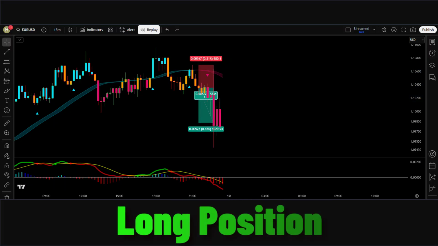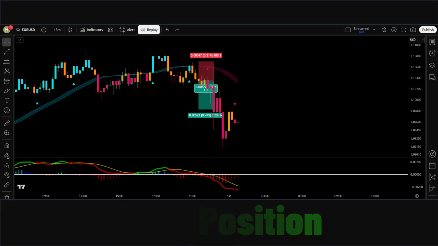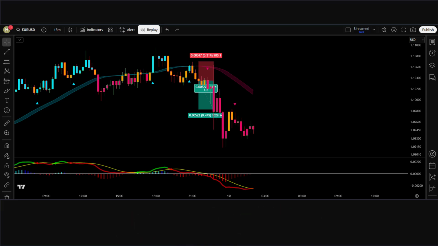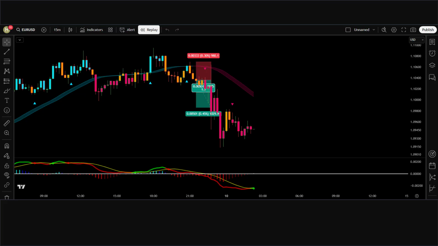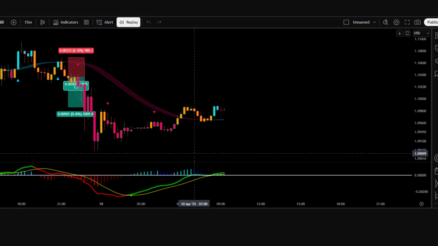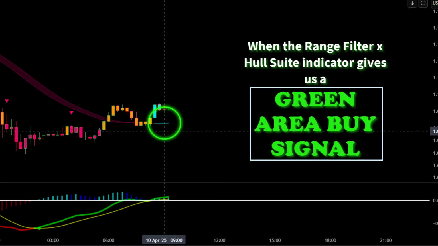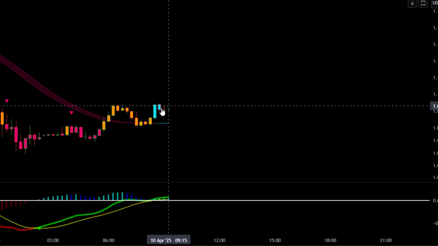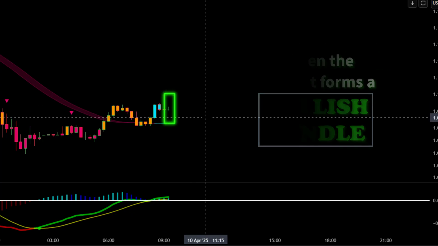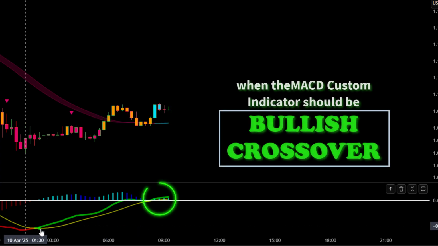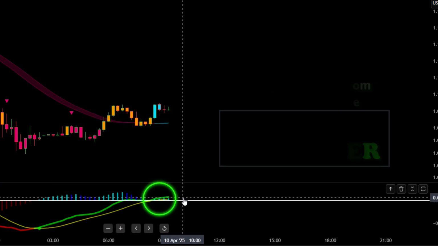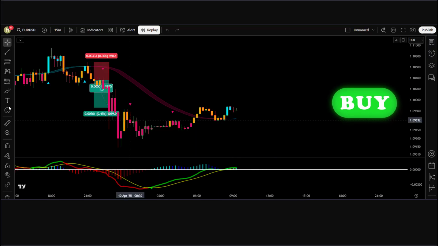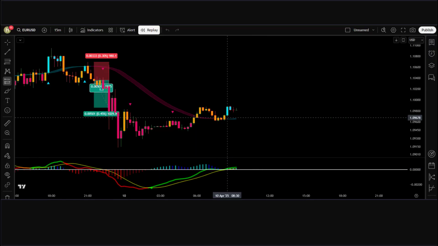Now let us understand the long position. When the Range Filter X-Hull Suite indicator gives us a green area buy signal, when the market has formed a bullish candle, and when the MACD custom indicator shows a bullish crossover, if this condition is fulfilled, then we will place a buy order.